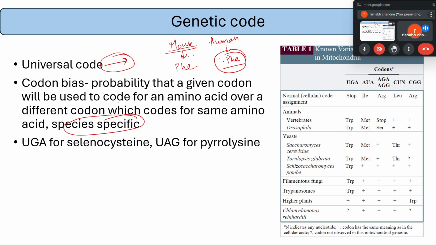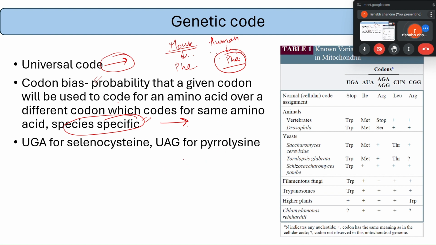Although if that codon is there, phenylalanine will still be coded. It's about the preference between the codons. That is why it is species specific. This is called codon bias, and it has been exploited nowadays for various recombinant DNA techniques and the production of various therapeutics.